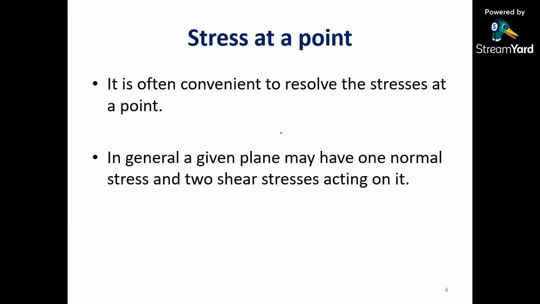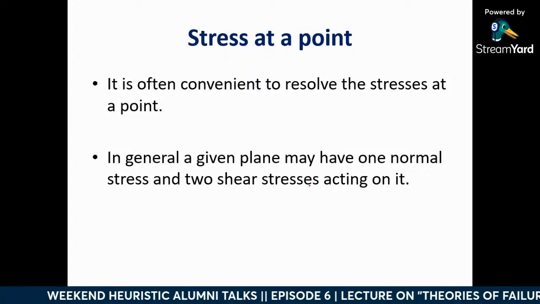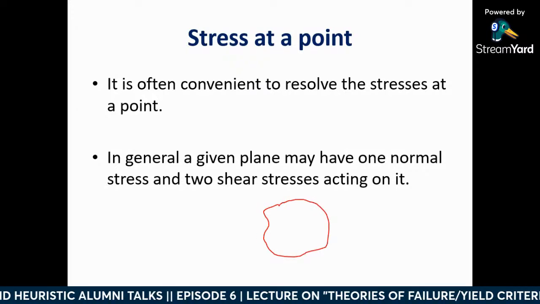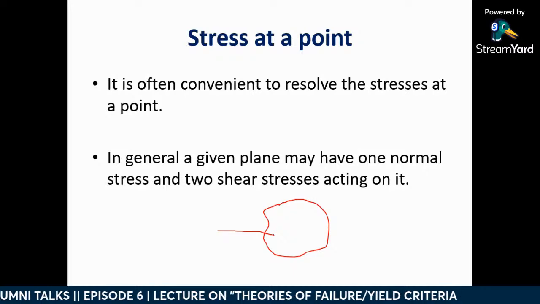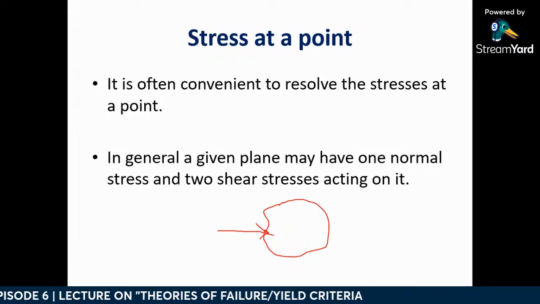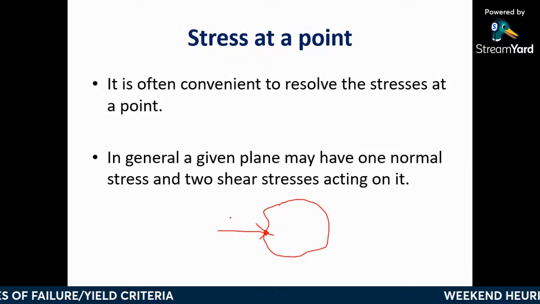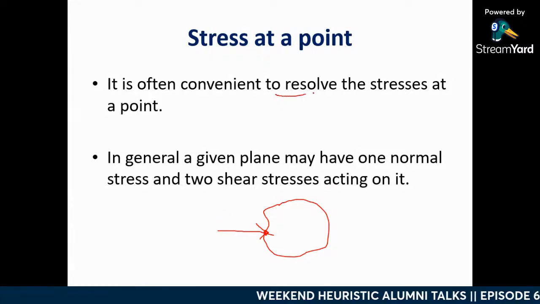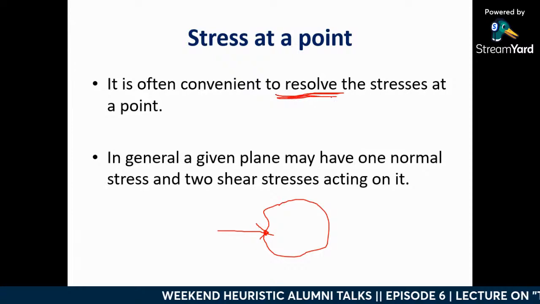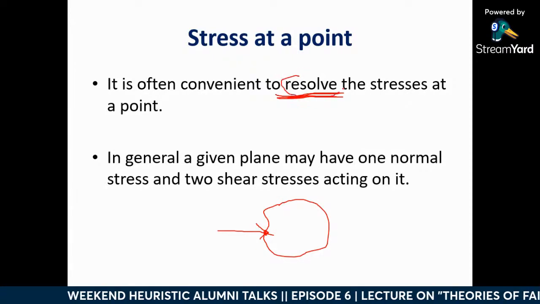Next is how to represent the stress. For example, this is your object, and at some point a stress is acting. How will you represent this? Whenever you see some stress acting on a body, for convenience we resolve the stresses.